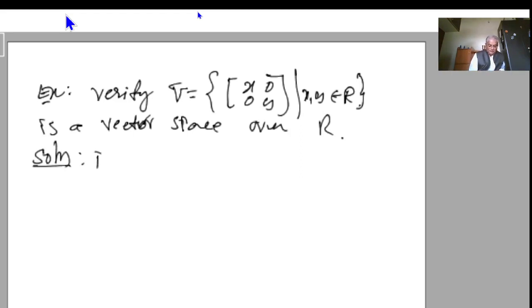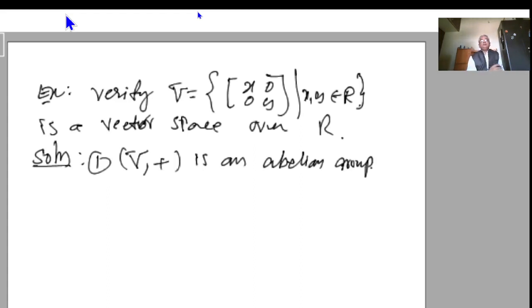Again, number 1, V comma plus is an abelian group.